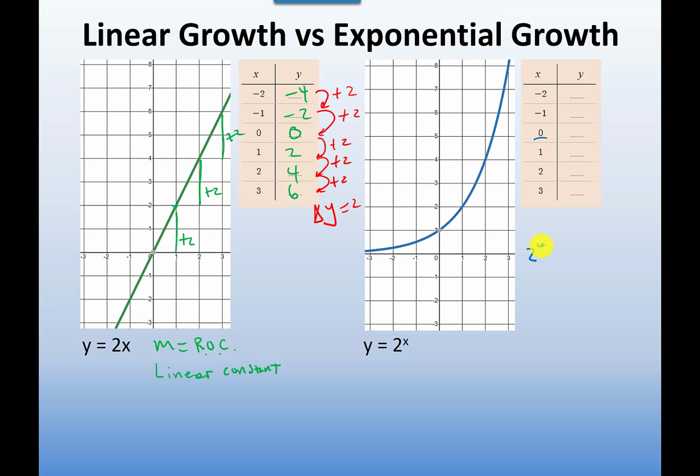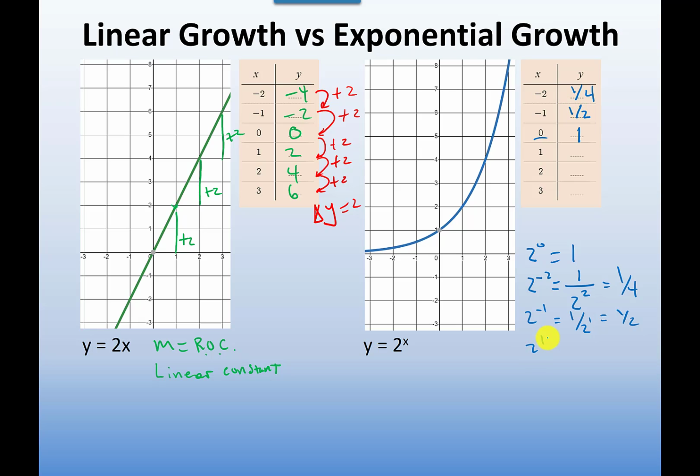So when x is 0, I plug in 0. 2 to the 0 power is 1. And what about the negative powers? Well, I'm hoping you're remembering that that is a reciprocal. So we get 1/4. And then, of course, 2 to the -1 is reciprocal. 1 over 2 to the 1 power, which is 1/2.